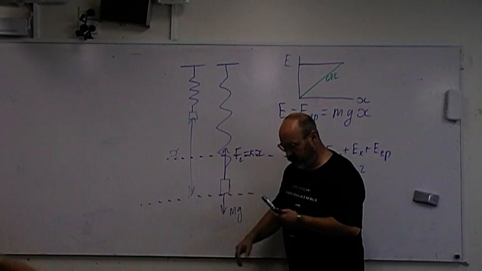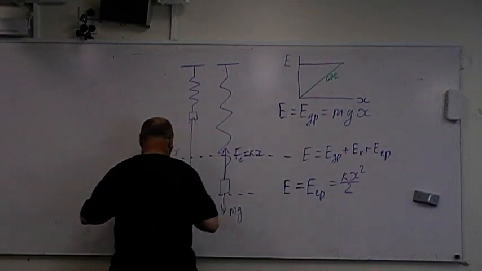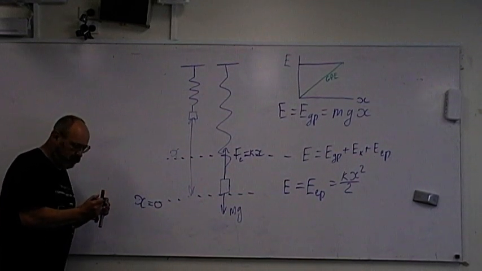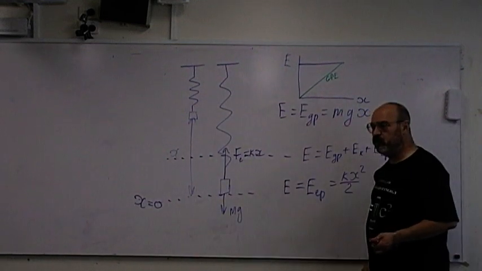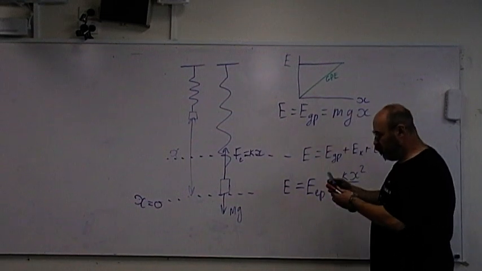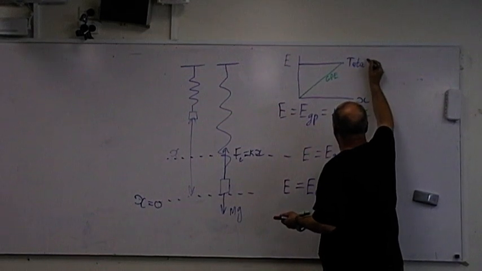Yeah, but are we dropping it from the top? No, we're dropping, but we take x equals 0 here at the bottom. Oh, x equals 0 at the bottom. Okay. So when x is 0, no gravitational potential. So that line up the top is the total energy, which stays the same.